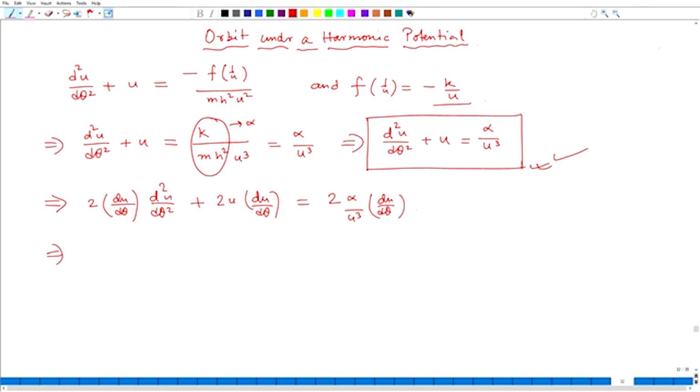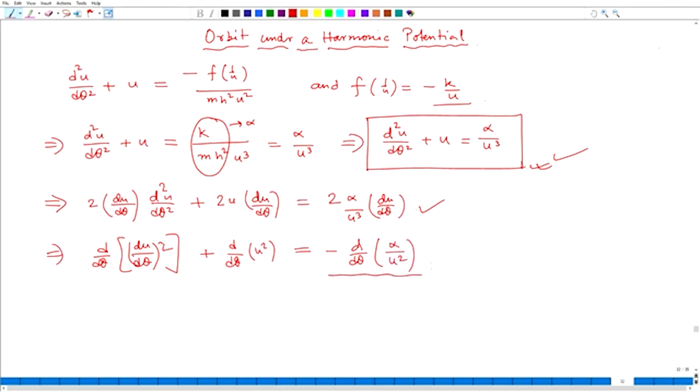And here you can easily say this is nothing but d/dθ of (du/dθ)² plus d/dθ of u². How to write this as d/dθ of something, you can also do that. This is minus d/dθ of α/u², okay, because if you calculate this term, this will be minus 2/u³ du/dθ, and α will be there.